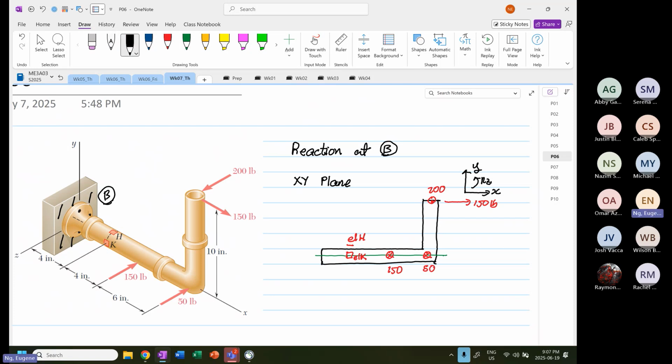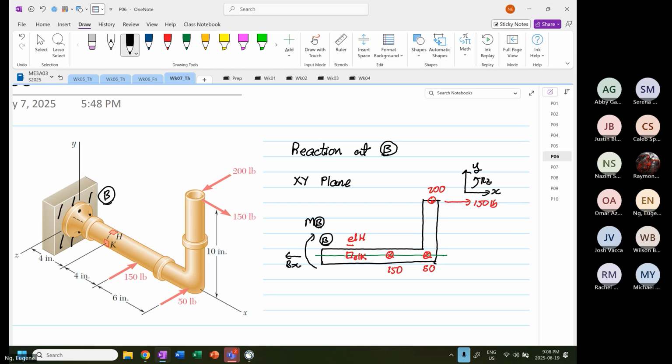So we are going to assume positive shear now. So this is our point B, right? So this is our positive shear assumption, and then we know this is our BX direction.